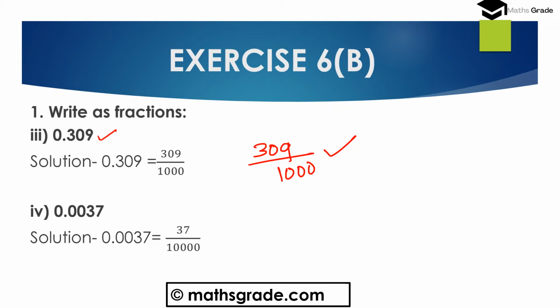Fourth part, 0.0037. Here after the decimal point there are four digits, 0037, so we have to divide 37 by 10,000 because 10,000 has four zeros. So 0.0037 will be 37 divided by 10,000.